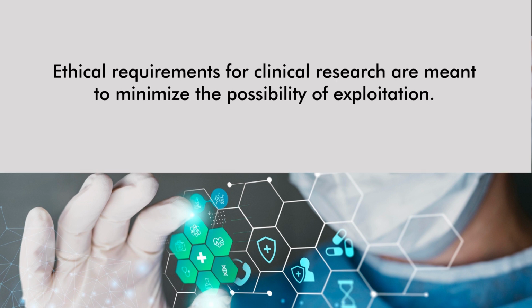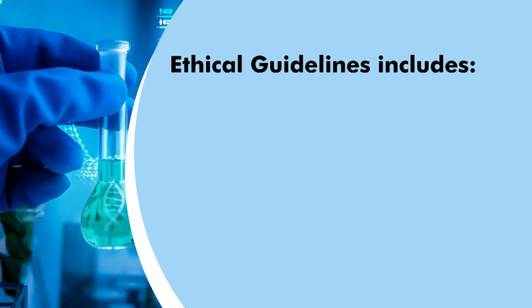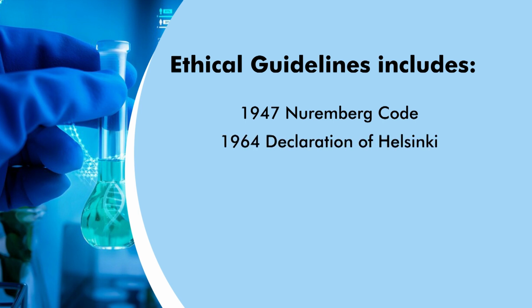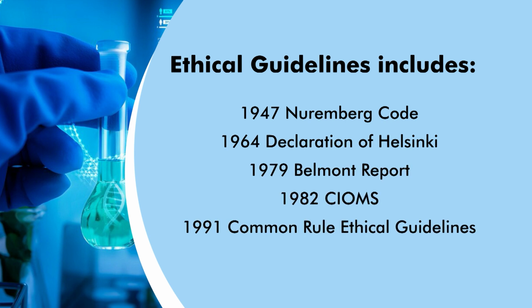Ethical requirements for clinical research are meant to minimize the possibility of exploitation. Ethical guidelines include 1947 Nuremberg Code, 1964 Declaration of Helsinki, 1979 Belmont Report, 1982 CIOMS, 1991 Common Rule.